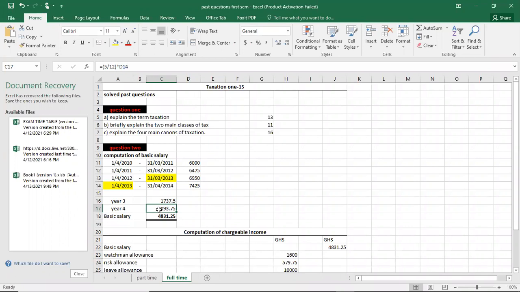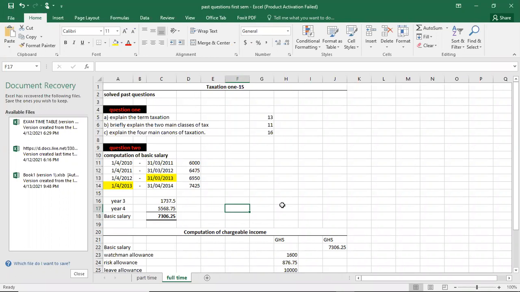Then when you come to the next one, you are going to have 9/12, because if 3 months is at the other end, then starting 1st April, May, June, July, August, September, October, November, December, 9 months is also there for you. So this is going to be your basic salary for this particular person: 7,306.25.